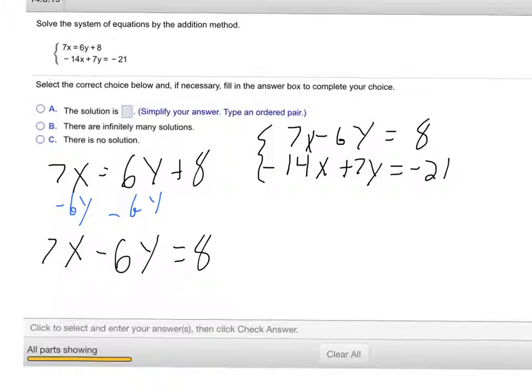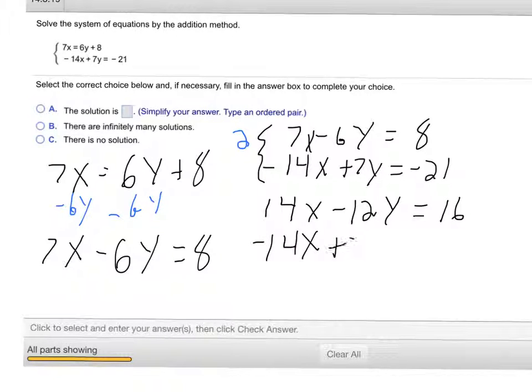And so I want to multiply this top equation by 2, the entire equation. So if I do that, that'd be 14x minus, multiply the 6 by 2, minus 12y, multiply the 8 by 2, be 16. And I just recopy the bottom equation.